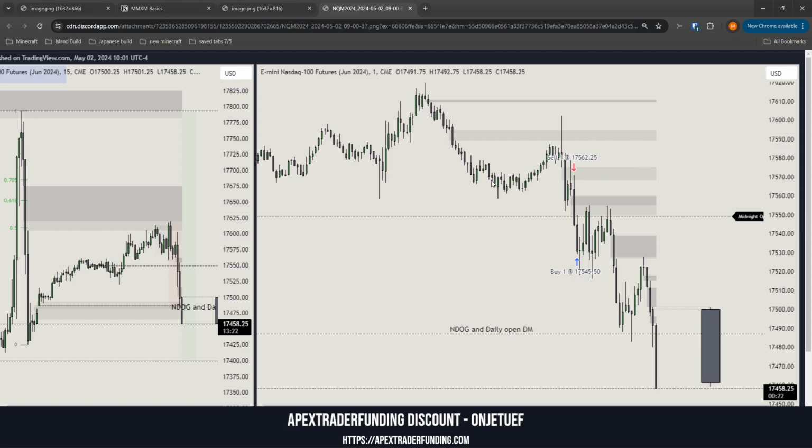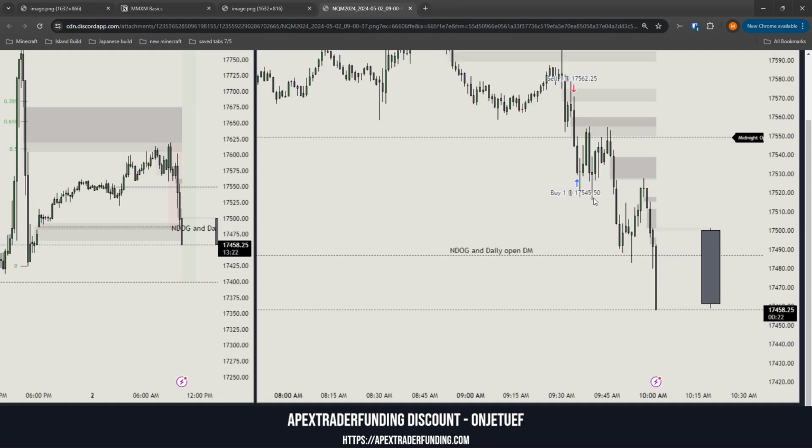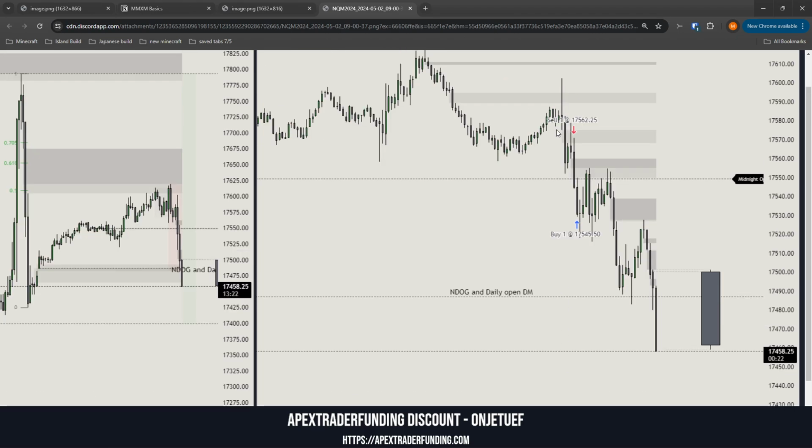This was the actual trade I took in regards to it. 9:30 open, manipulated up, came down right up into a fair value gap, and I shorted, I don't know, 15-ish points maybe, and called it a day.